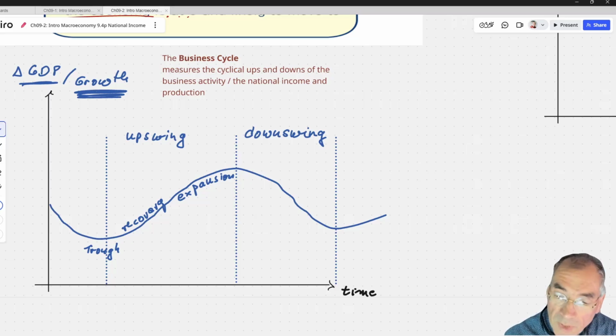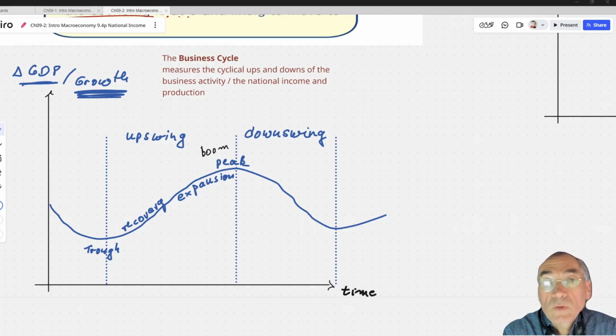The peak is the typical term. And you might recall that our book used the term boom for this last phase. After this peak, we often face a slowdown of the economy that might end up in a depression if the economy really goes down. And that's what we can also call a recession.